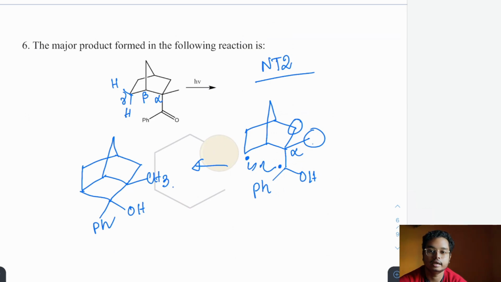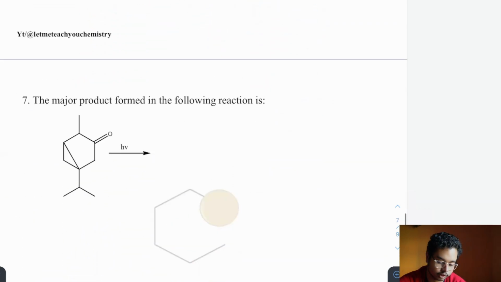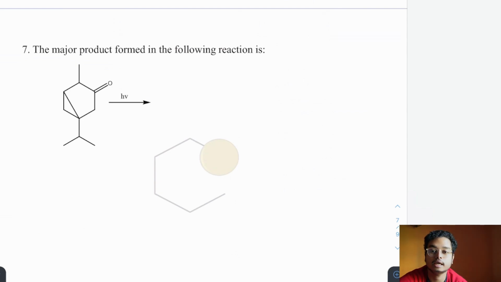Okay, now let us move on to the next question. This is also an interesting and important question. Many times it comes here. This is alpha, beta, gamma. This gamma is not that accessible. So this is a Norrish type 1 reaction, and you can identify it because after the alpha cleavage, the radicals are stable.